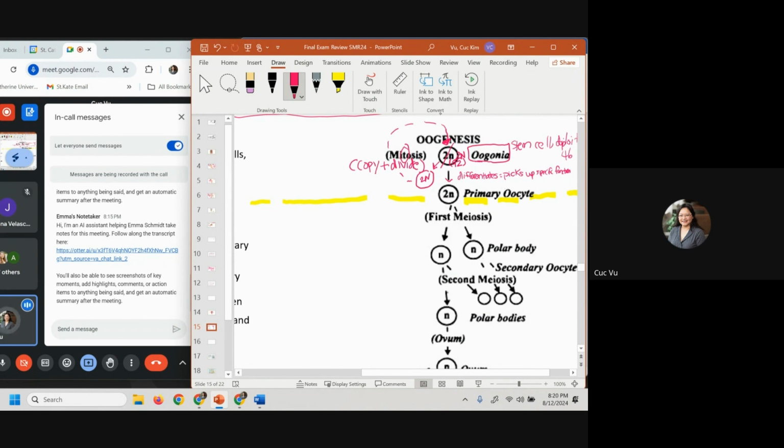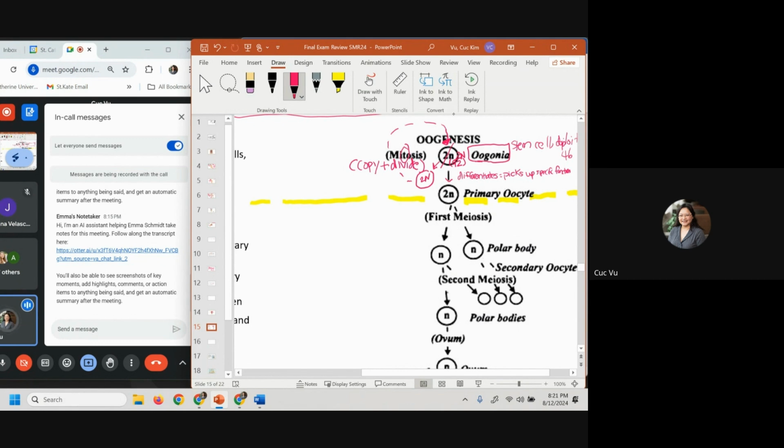So at first it copies, so instead of 2n, it's now 4n, or 92 chromosomes total, and then it goes into the division part where it splits in half. One of the new cells is going to repeat the process and stays as an oogonia to undergo mitosis, where the other cell differentiates and becomes a primary oocyte. Got it. Thank you.